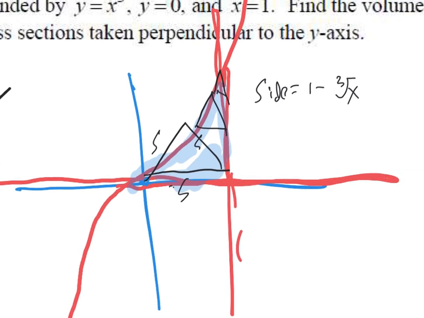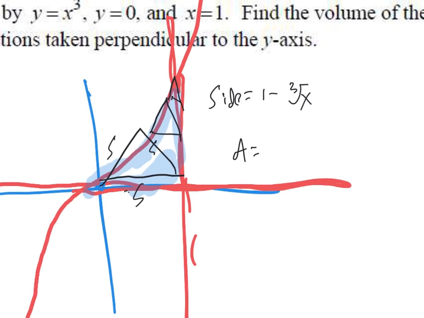And we already know the area of an equilateral triangle. Was it 4 over the square root of 3 times the side squared? Double check. Yes, no? It's no. That's the wrong order. It's square root of 3 over 4, you silly goose, times the side squared.